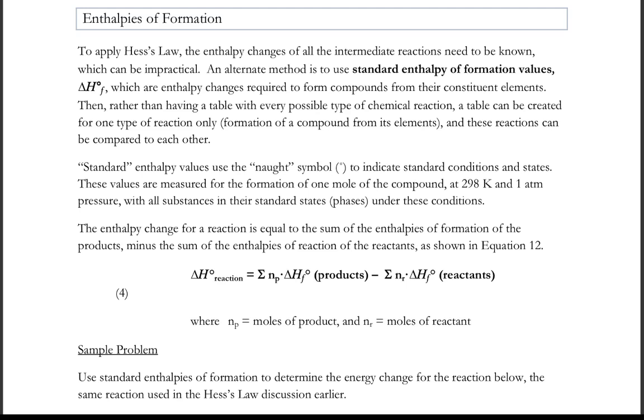The delta H sub F of products and reactants, we find those in the appendix. And those are particular to chemicals, which we find in the appendix in alphabetical order. N sub P, N sub R, those are basically stoichiometric coefficients found in our reaction. They are in units of moles.